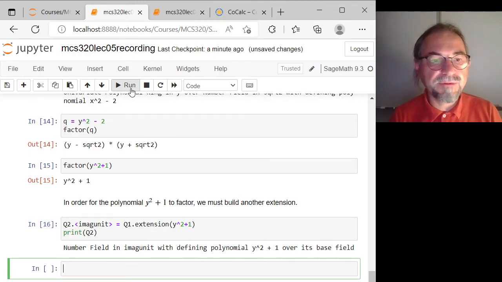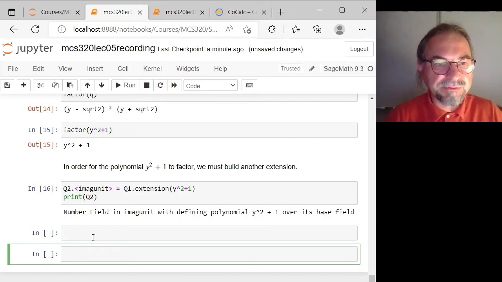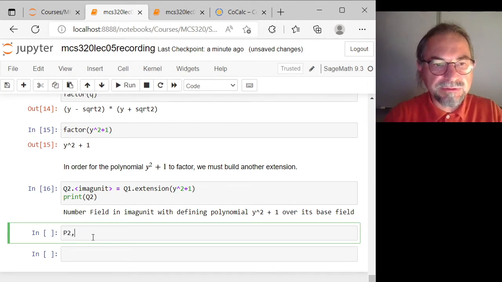So now I have a number field that has this imaginary unit. Now I can work with z, polynomials over this extension q2.